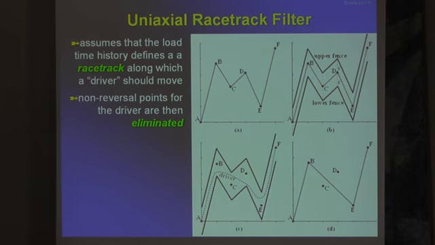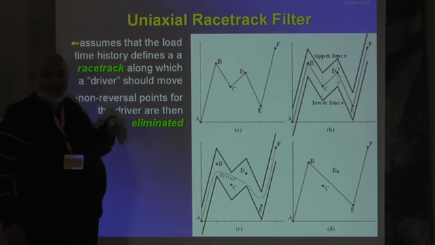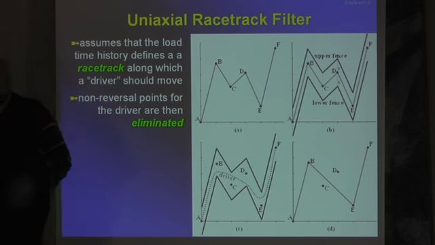Of course, we all know, or should know, the uniaxial racetrack filter that's so useful in uniaxial histories. The idea was proposed a very long time ago by Professor Fuchs, who was himself a skillful skier. And skiing downhill, he had the idea to filter out the events that did not have a major amplitude.